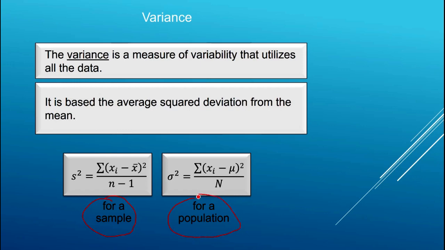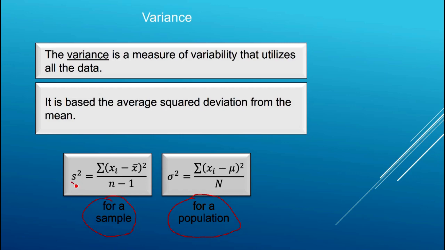We will often collect the sample, calculate the variance for the sample, and use that as what I called a point estimate of the corresponding population parameter. So let's note the differences between these two formulas and try to interpret what these formulas actually mean.